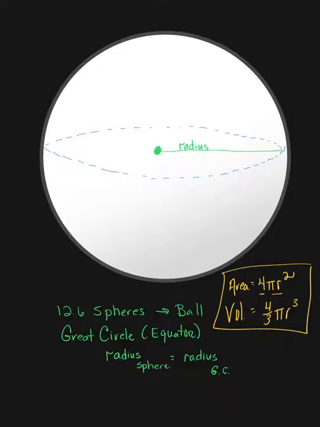Also, one more thing I want to add before we look at an example or two is remember that if I cut a sphere at the equator part, at the Great Circle, then I have 1/2 of a sphere, and that is called a hemisphere.